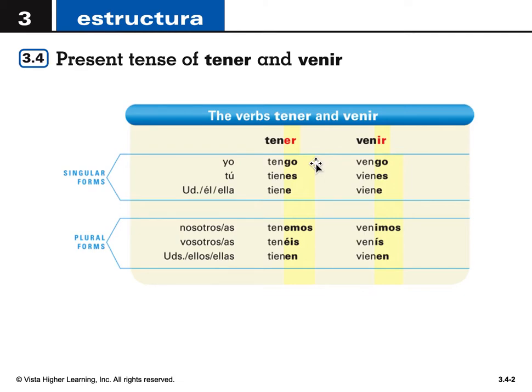Tú vienes, él, ella, usted viene. Nosotros venimos. Vosotros venís. And ustedes, ellos, ellas vienen. So these are very comparable to what we learned in the previous estructura with ER and IR verbs. All right, let's move on.